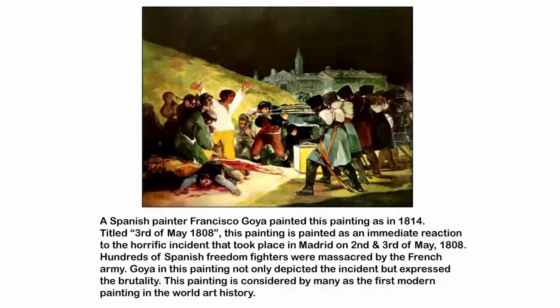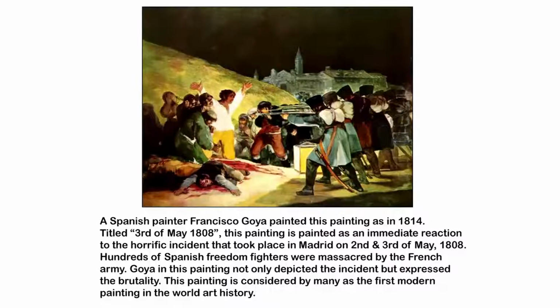This painting is painted as an immediate reaction to the horrific incident that took place in Madrid on 2nd and 3rd of May 1808. Hundreds of Spanish freedom fighters were massacred by the French army.